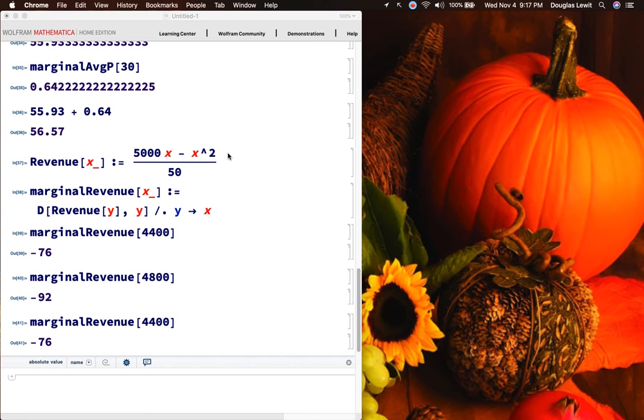Mathematica can make this entire process go much faster. You will finish the homework faster. You will finish your quizzes faster. You will finish your tests faster if you take the time to learn how to use Mathematica the way that it should be used.